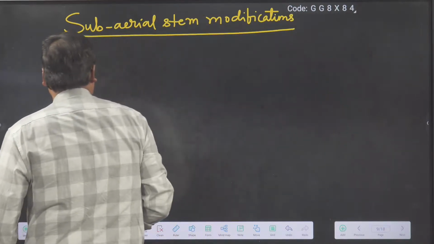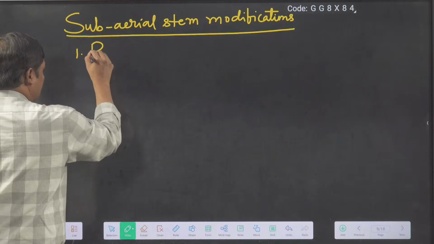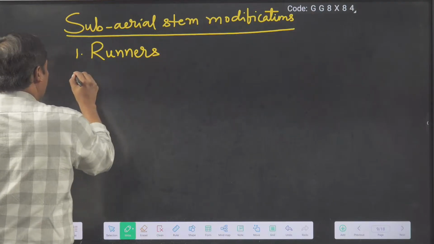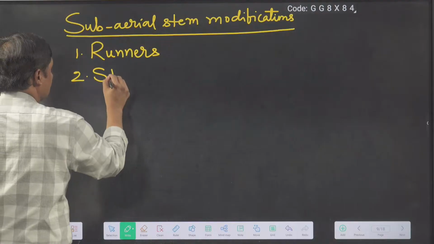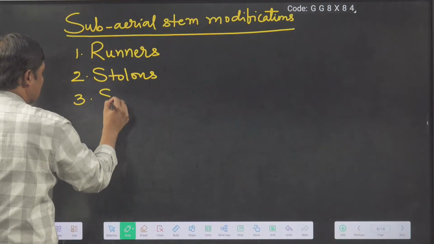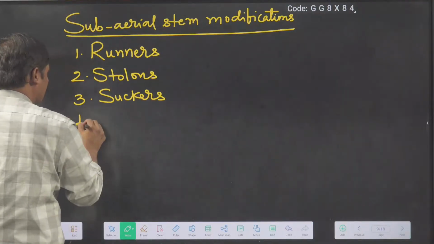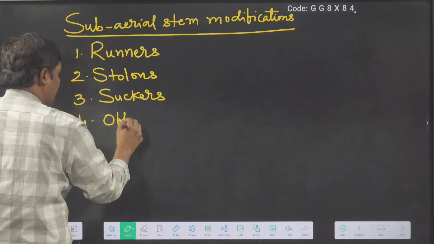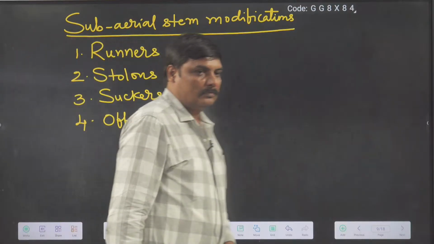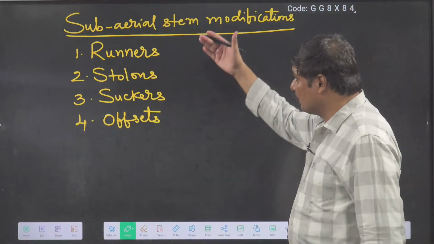These are 4 types, namely runners. Second one, stolons. Third one, suckers. And fourth one, offsets. Subaerial stems are divided into 4 types.